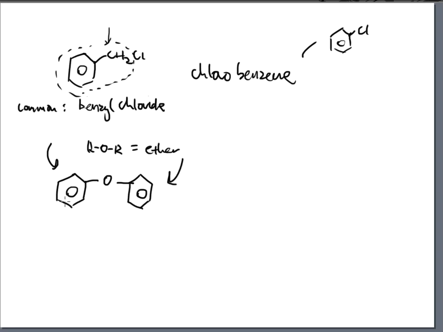Well, this is a benzene ring that's directly attached to the O, and this is a benzene ring that's directly attached to the O. So we know that if we're talking about a benzene that's directly connected to something, then we're going to call this phenyl. And this is a diphenyl because there's two of them, one on the left and one on the right, and we add the word ether onto that. So diphenyl ether would be the appropriate name or common name for that ether.